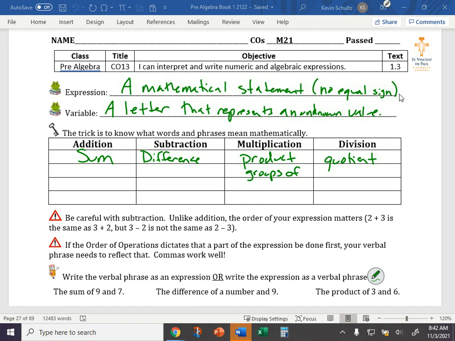How can you say division using the word groups? Anyone know? Blake, sit flat, please. If you have the word into groups, you are putting 48 objects into groups of 8. You'll have 6 groups in all, 48 divided by 8. That would mean division. So groups can be a little bit tricky. You have to look at what else is around it. Groups of, multiplying, putting into groups, dividing.